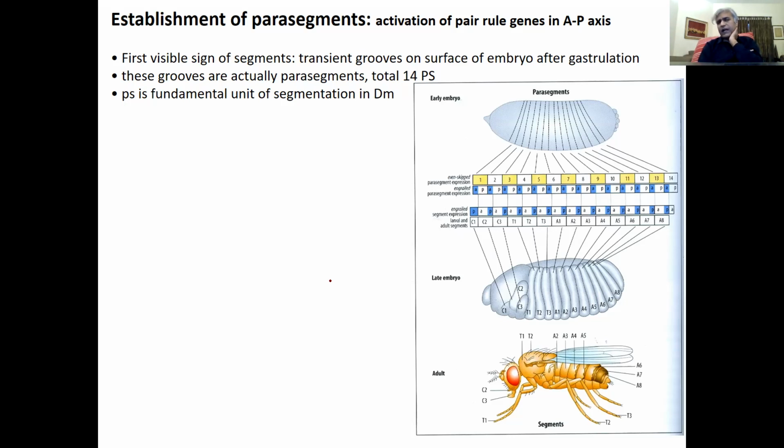But long before that, the earliest sign of segmentation is just these 14 stripes. This is still within the first few hours of development, and if you count, these are 14 stripes. This is the first sign of segmentation.